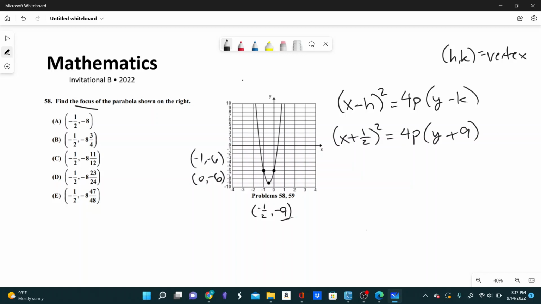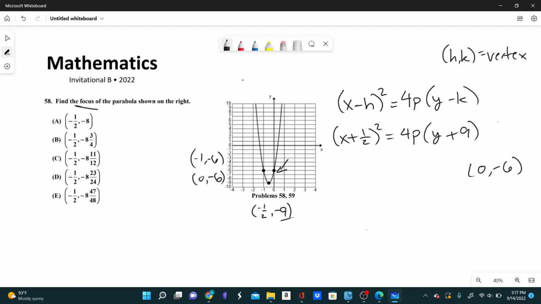I'm going to use the point 0, -6 just because it'll be a little more straightforward. If we use the point 0, -6 for our parabola, then we can plug that point into the equation and solve for p.